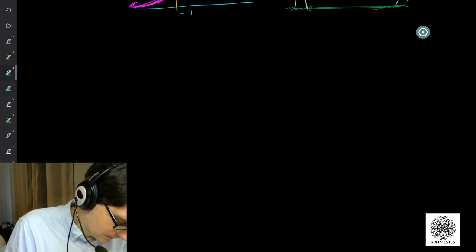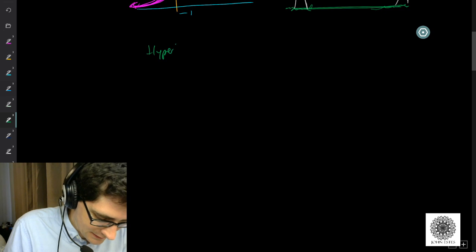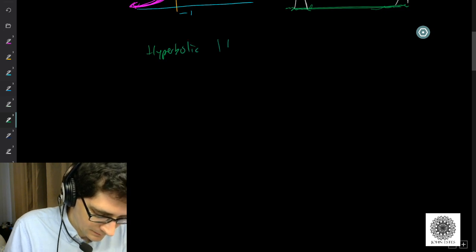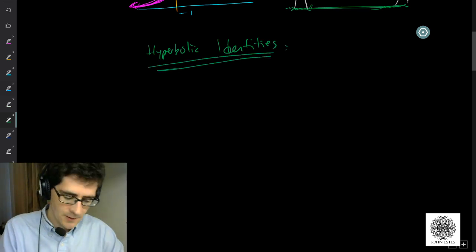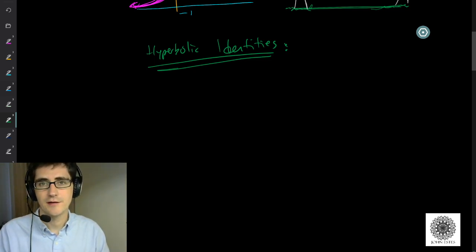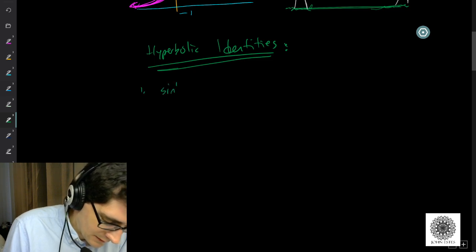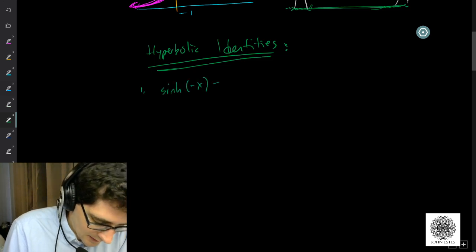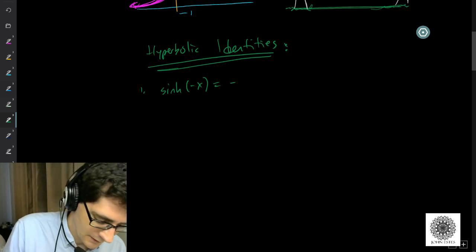All right, so let's look at some hyperbolic identities, and we'll try to compare them to their pure trigonometric counterparts. So one is that if you had a negative x and plugged it into sinh, you can factor out that negative.